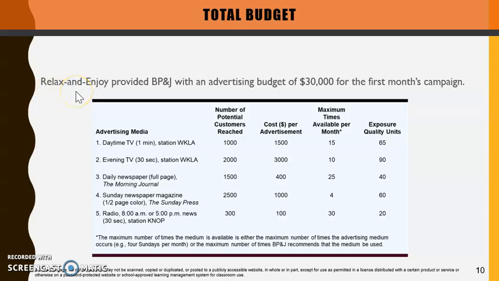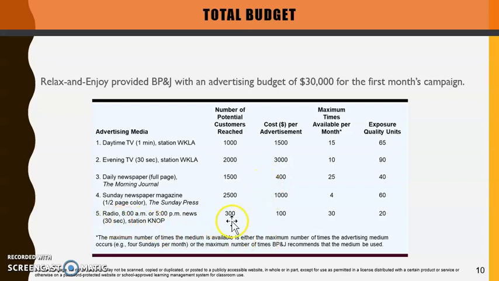Relax and Enjoy provided BP&J with an advertising budget of $30,000 for the first month campaign. How much does it cost us for each advertisement in each of these media? For daytime advertisement in TV, it is $1,500. As you can see, cost per advertisement. For evening TV advertisement, it is $3,000 per advertisement, and so forth.